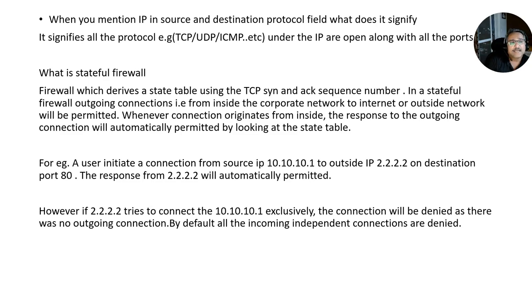So when that data is sent by the sender, it will have a sequence number, for example X. The recipient will respond back with an acknowledgement, and the acknowledgement number will be X plus 1. So the sender will come to know that this acknowledgement is for that particular data with sequence number X. Okay.